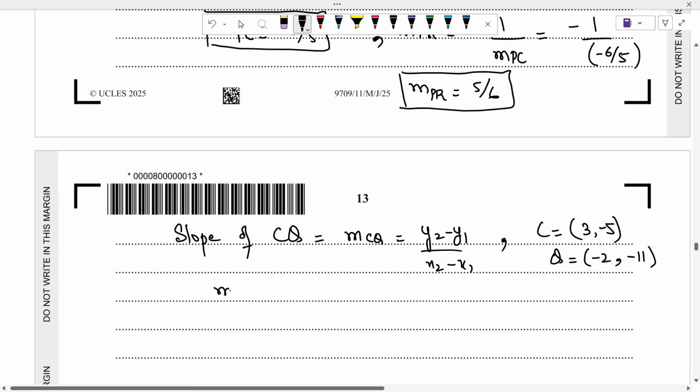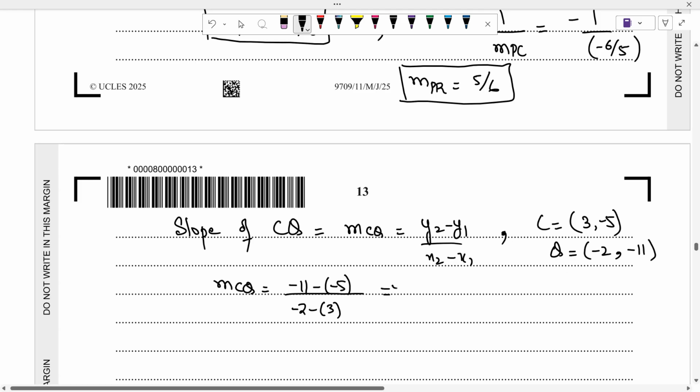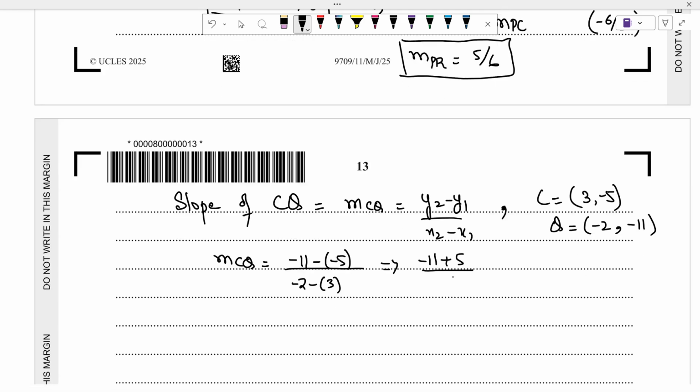So the slope of CQ is (negative 11 minus negative 5) over (negative 2 minus 3). And this is equal to (negative 11 plus 5) over negative 5, which is equal to negative 6 over negative 5, which is equal to 6 over 5.